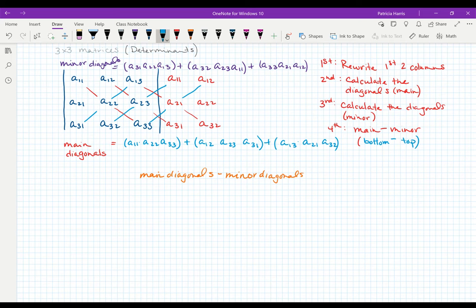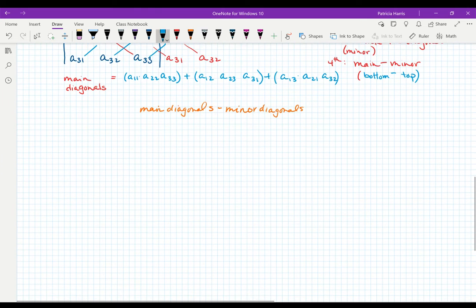I'm going to keep them positive, but since you're doing like 3 numbers multiplied together and then you're adding, these numbers can get a little bit large. So you might want to keep a calculator on hand.